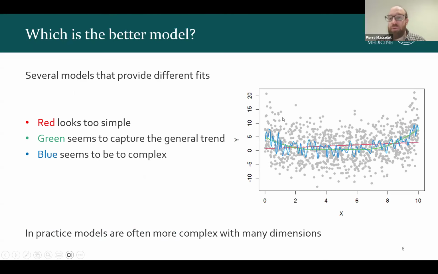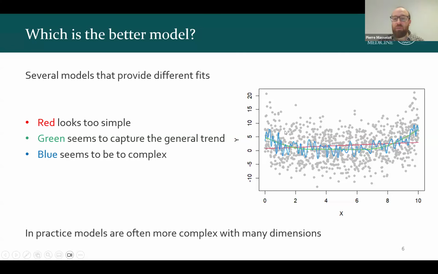A very simple example is here. Say that we have this data set with the gray dots, and we have three models. This red line looks way too simple to make our predictions. The green model actually seems to capture the general trend, and the blue one is really wiggly.